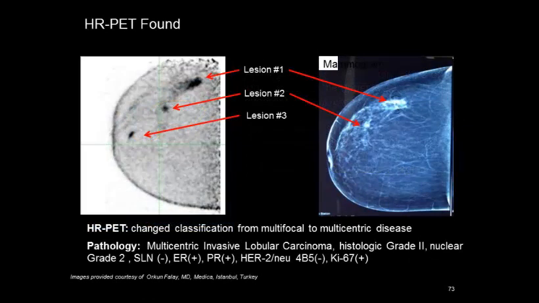And this is the high-resolution PET scan of that patient. And you can see no matter how hard you look in that mammogram, either prospectively or retrospectively, that additional lesion that was clearly identified on the high-resolution PET scan was not seen. This is a site in Turkey that this was their 5th patient that they did at that site using high-resolution PET.